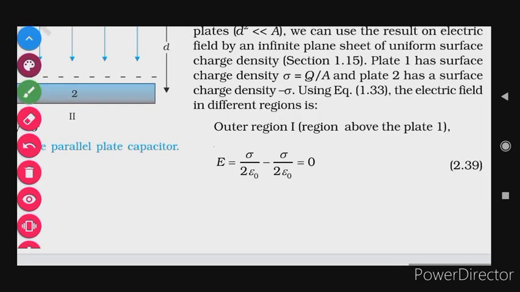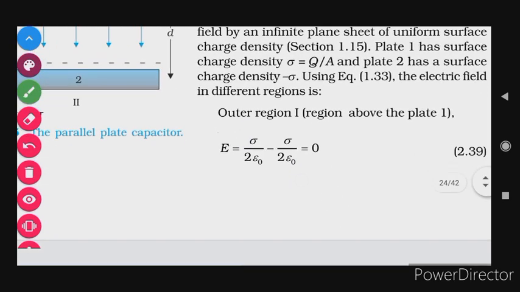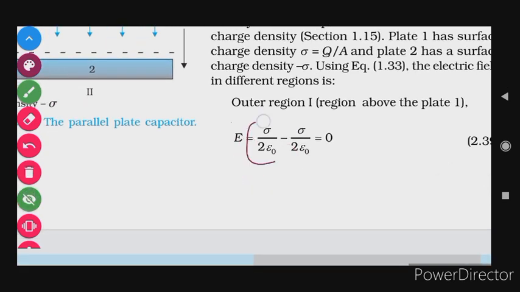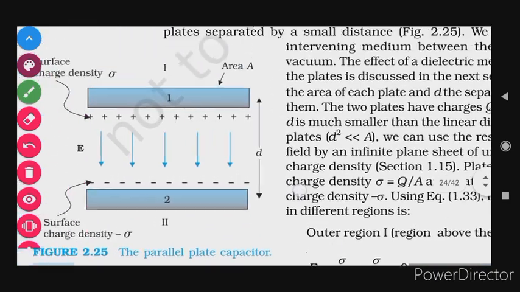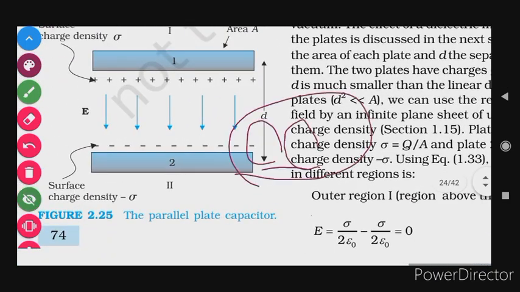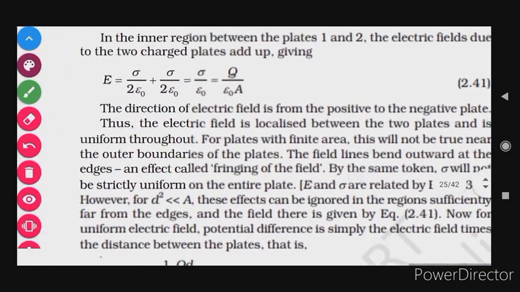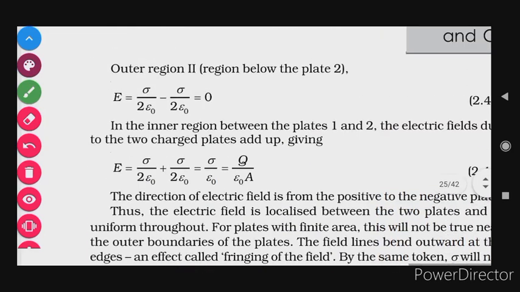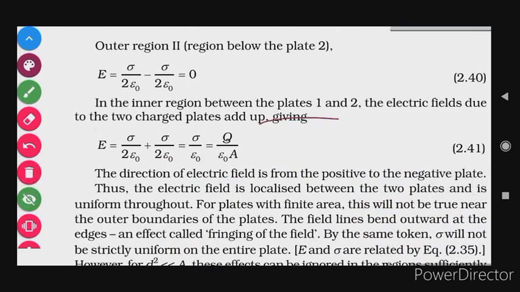For the first region, that is the outer region, the electric field due to the first conductor is sigma upon 2 epsilon naught, and due to the second conductor it is sigma upon 2 epsilon naught, but they are in opposite directions, so the net electric field will be 0 in the first region. Similarly for the second region, the net electric field will be 0. But for the third region, that is the inner region between the plates, the electric field will be the sum of the two electric fields due to the two charged plates, and on adding, this will be sigma upon epsilon naught.